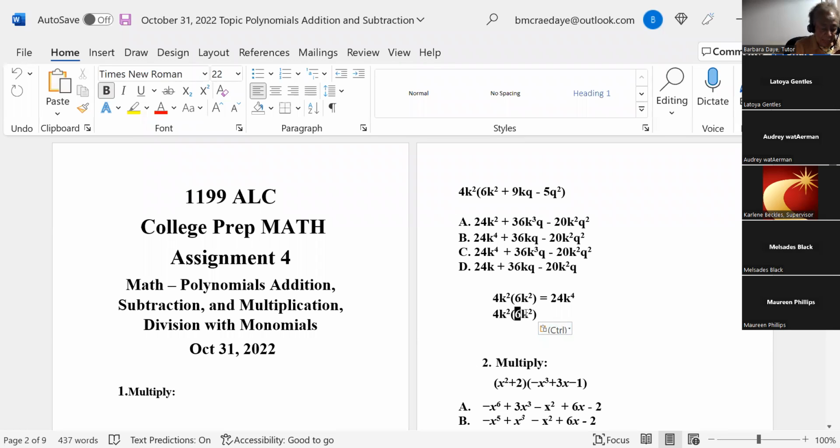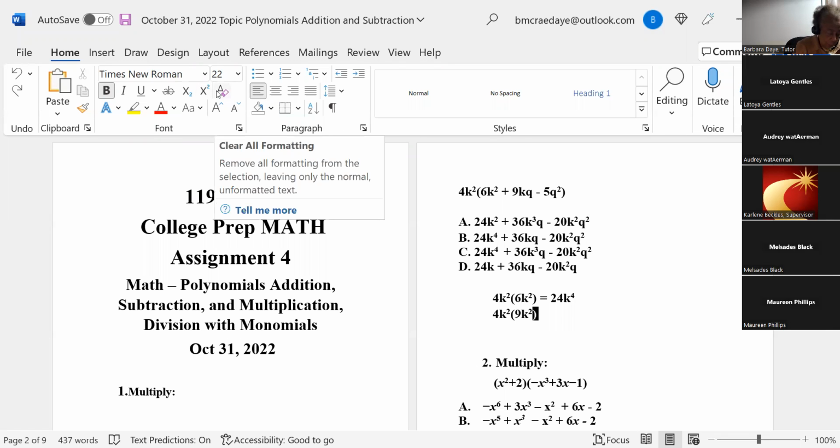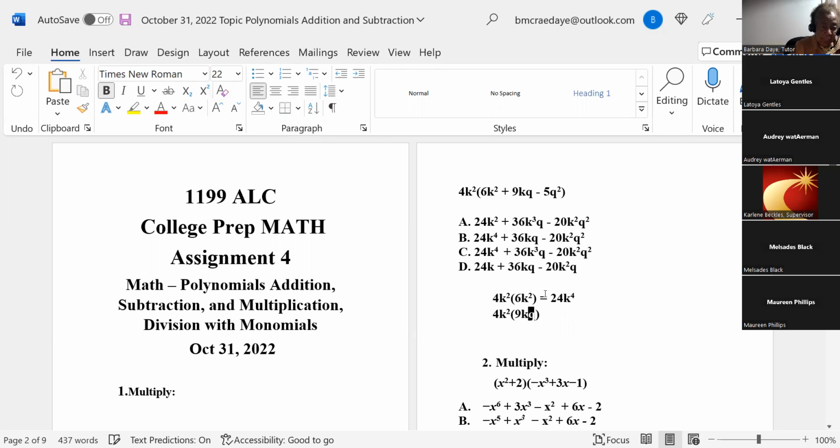So let's put our 9 here, and k, and that's 9kq. So let's just put q. There's no power on that one, yes. I'll take this 2 out because it's just 9kq.